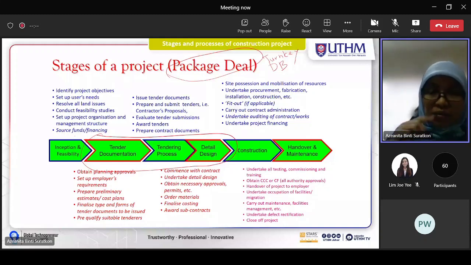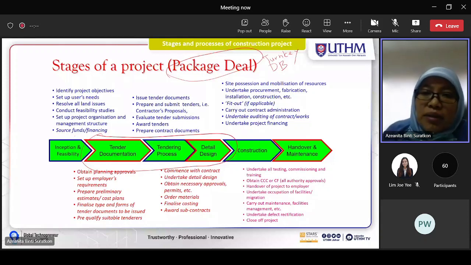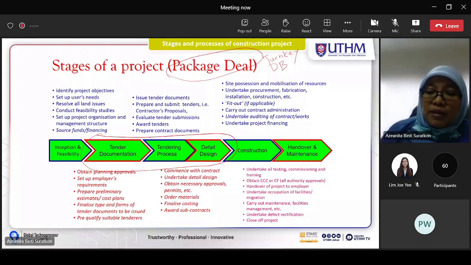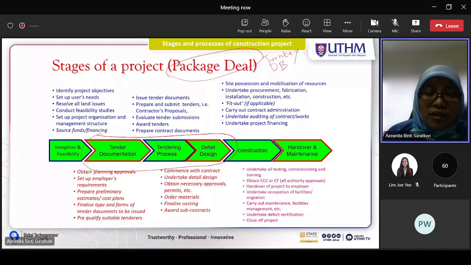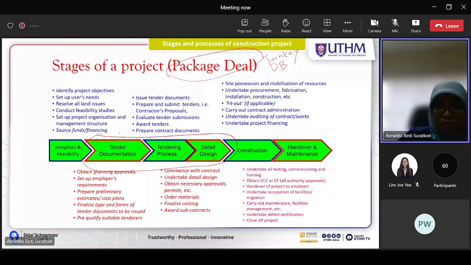You can repeat the question. My question is, why in turnkey or design build or package deal, after inception and feasibility, do they have tender documents, tendering and detailed design? Why is the sequence not like the traditional one, which is design and then tender? Right, so that is the question.